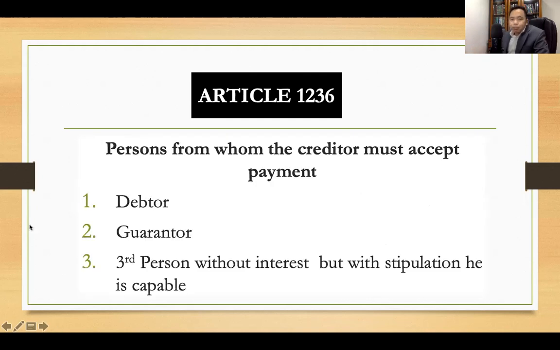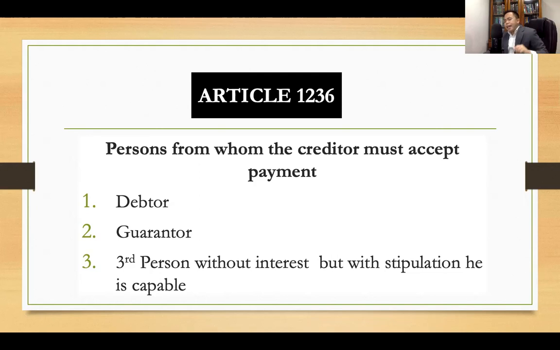Now, let us break down little by little Article 1236. Now, who are the persons from whom the creditor must accept payment? Number one, the debtor. Number two, the guarantor. Now, there are third persons without interest but with stipulation.